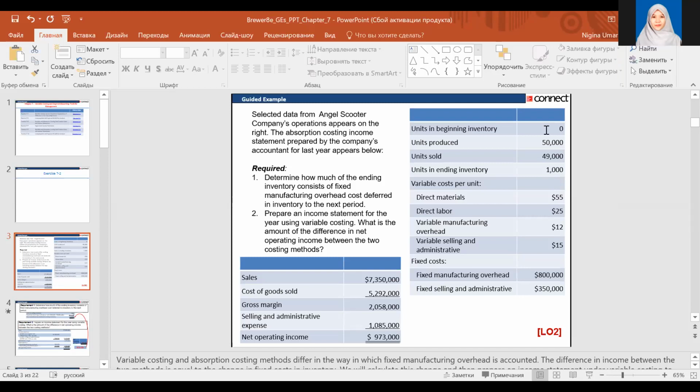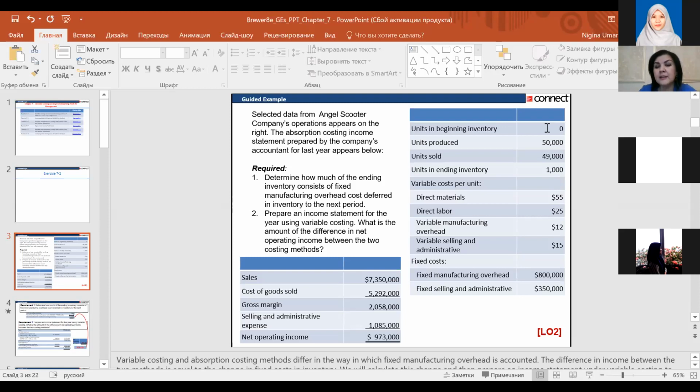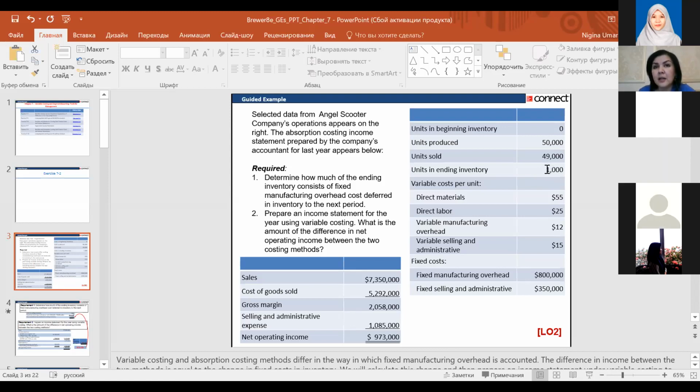So what happens to inventory? Inventory increases or decreases? Increases. When inventory increases, it means that ending inventory is higher than beginning inventory, right? And on the absorption costing, we are just analyzing the situation, yeah?